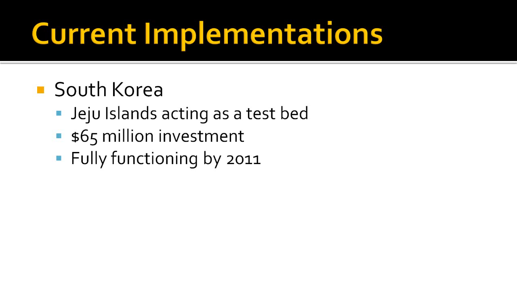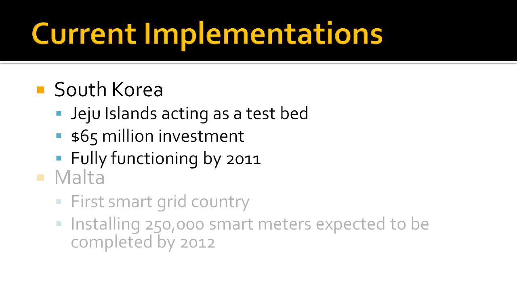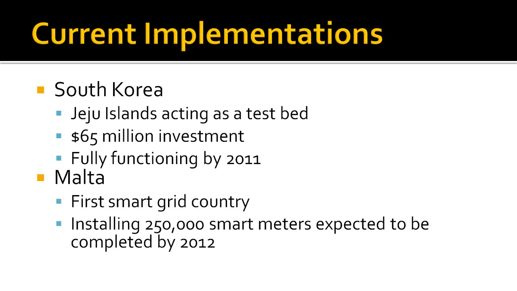The objective of this is to demonstrate the concept for a smart grid community with a low carbon and green growth strategy. Malta has contracted IBM 70 million euros to become the first smart grid country by installing 250,000 electric and water smart meters. Work is expected to be completed in 2012.